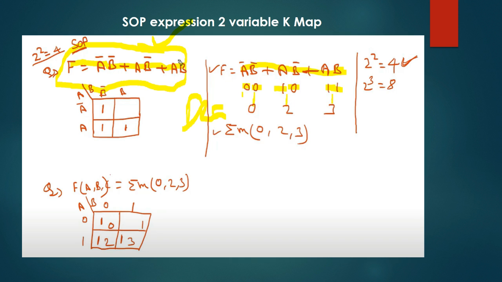Once we have figured this out, we can find the min terms. What is a min term? Don't worry about it. If you don't know about it, we just need to write the sum, then small m, and in the bracket write this 0, then this 2, then this 3, because this is what we got from our given function.